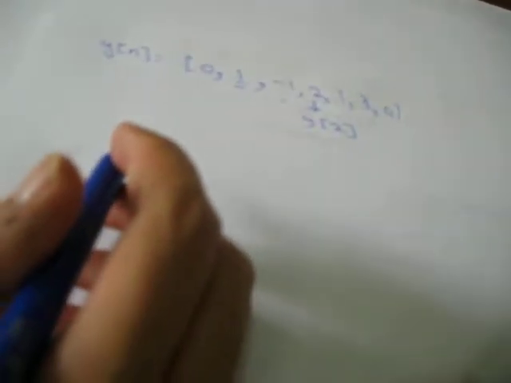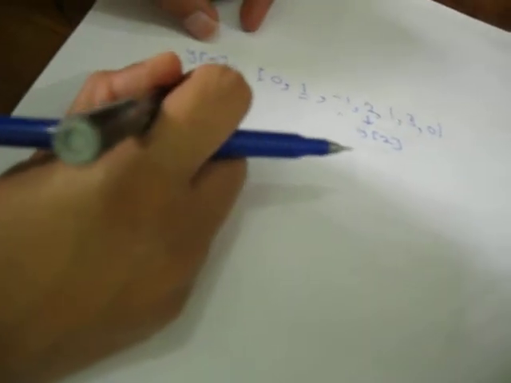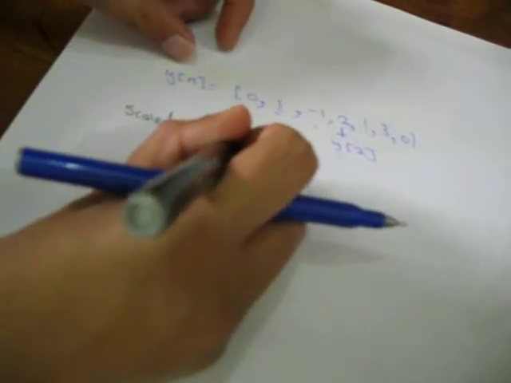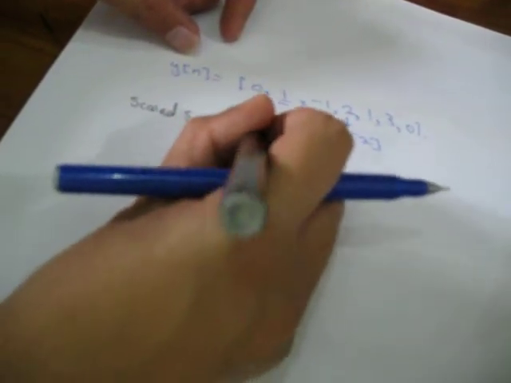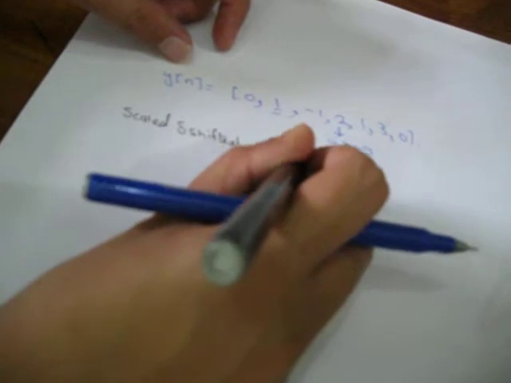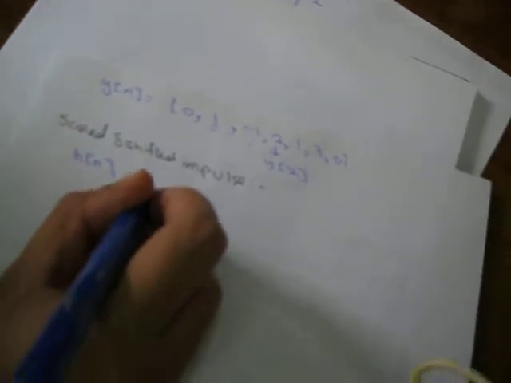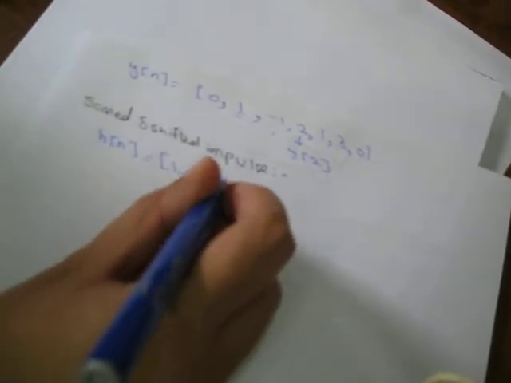Now coming to the second method, which is scaled and shifted impulses. In this method, suppose we have a signal h of n equal to 1, minus 2, 3.